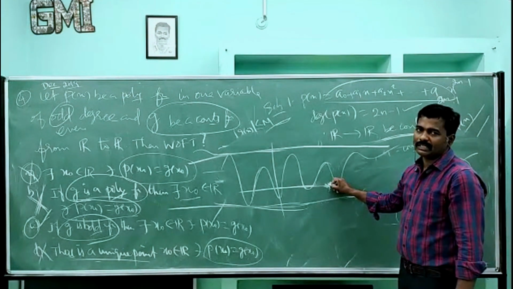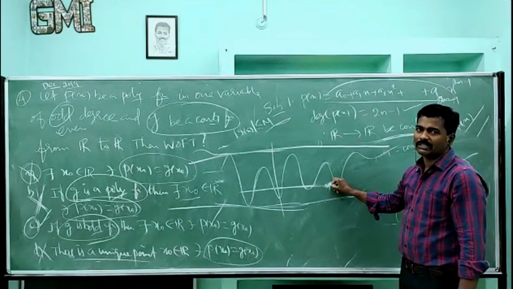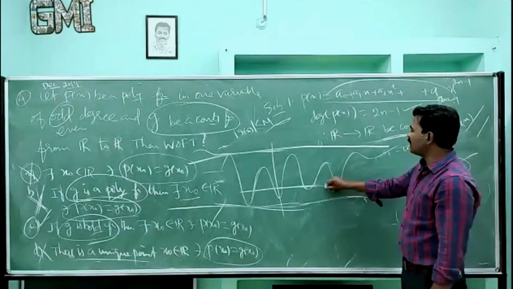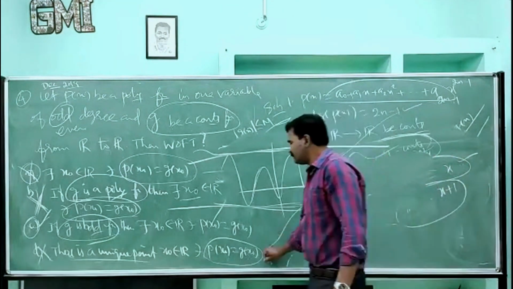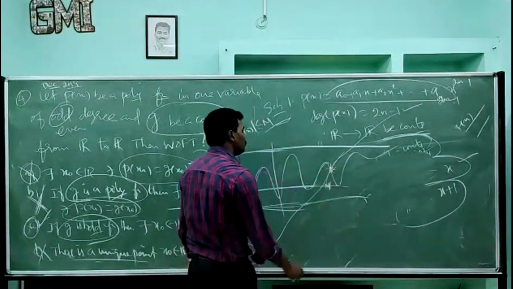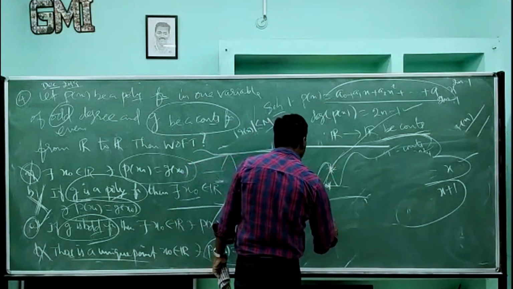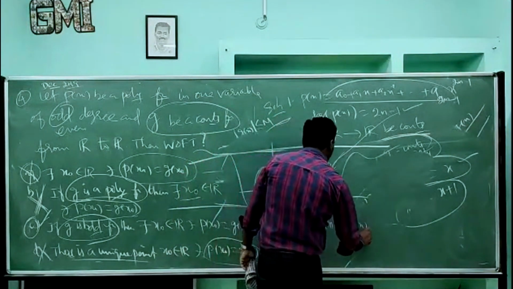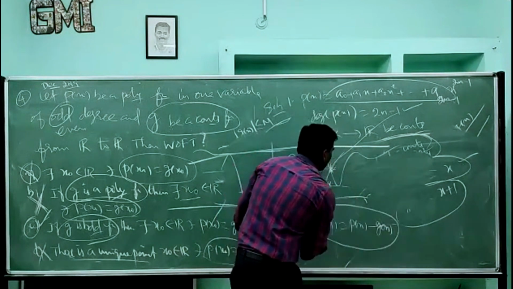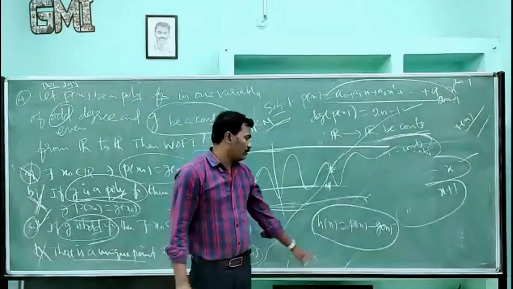I gave that result: any odd degree polynomial is an onto function. And a polynomial is also continuous. Somewhere it will go like this, so they have to meet. That is why I defined h of x as P of x minus G of x, and we use the location of roots theorem.